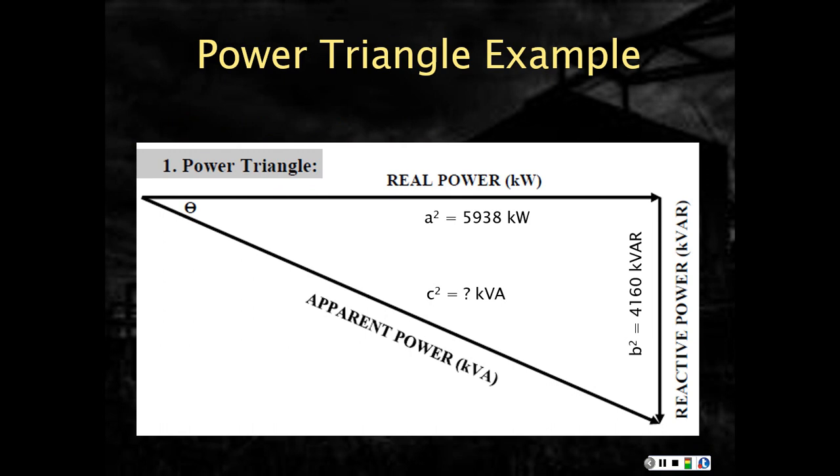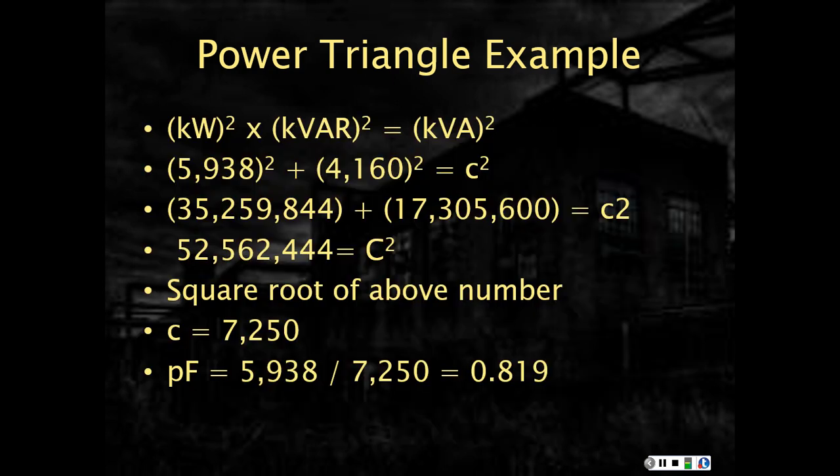If we look at the numbers from the previous example, we can solve for C, which should give us the apparent power. What you see here on this slide is the math that we go through to come up with the value of the kVA, which in this case was 7,250.